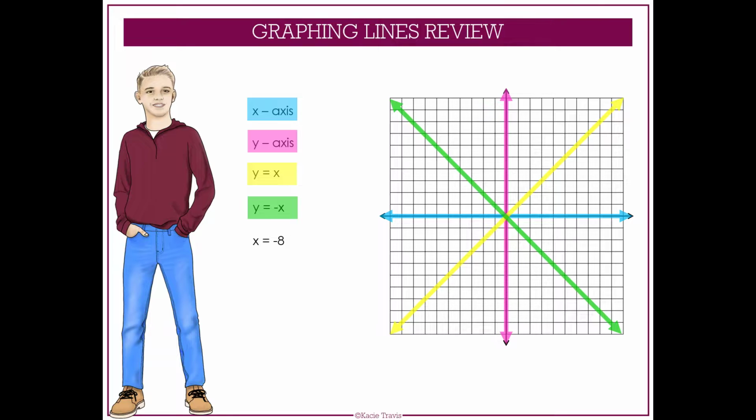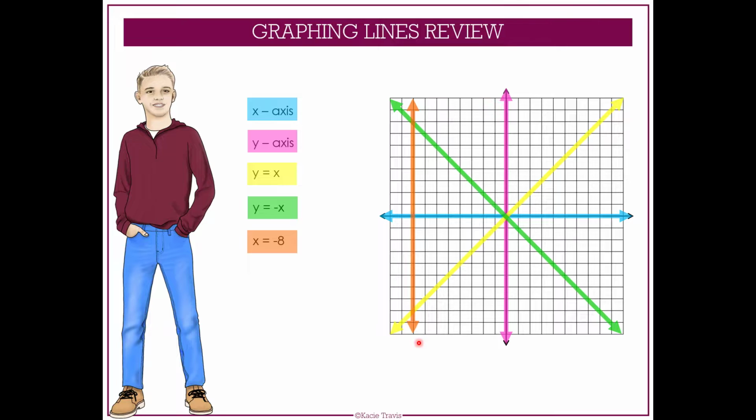Let's say you were reflecting over x equals negative 8. That is a vertical line at negative 8 on the x-axis, this orange one right here. You hop over on the x-axis to where negative 8 is, and then you make your vertical line up and down.